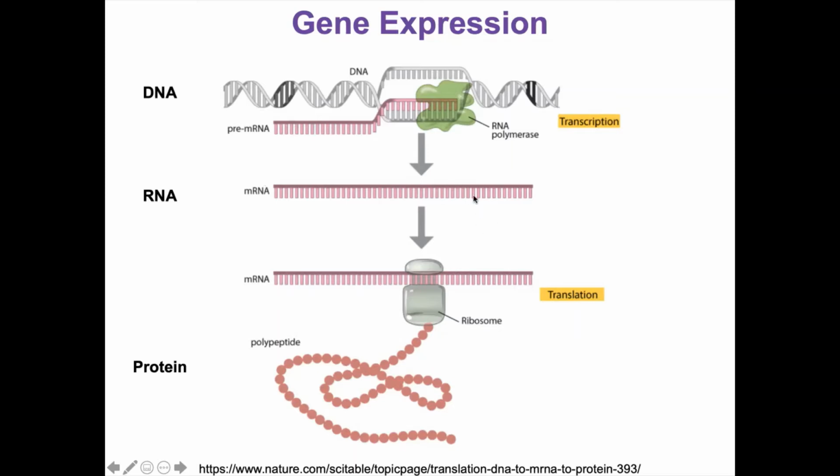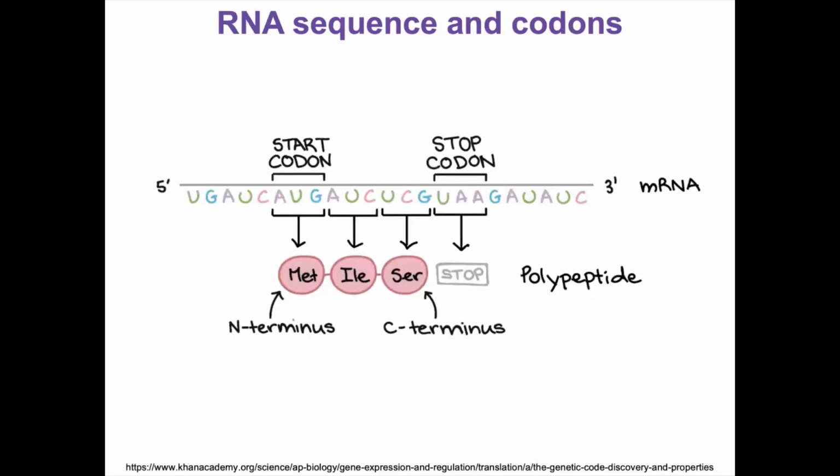And so the mutation would then be in the mRNA, and that would then contribute to alterations potentially to the protein. So this mRNA is really important as the mediator of this information in the DNA that gets translated into proteins.